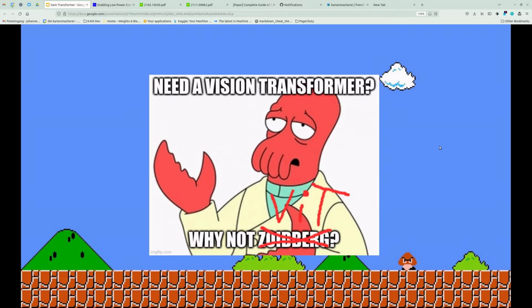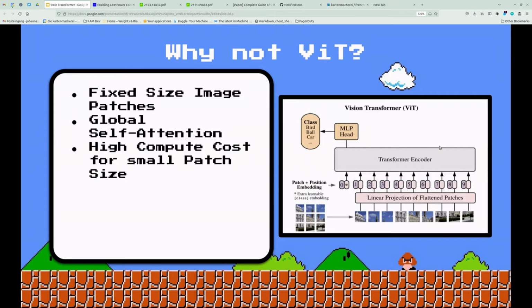So as VIT, or vanilla VIT as it is referred to, was the first really successful vision transformer, you can always ask, okay, why do we need anything else than VIT for our vision tasks? There are multiple reasons, so just to name a few here. In the vanilla VIT, we have a fixed size of image patches that we use as tokens that we give into the transformer.